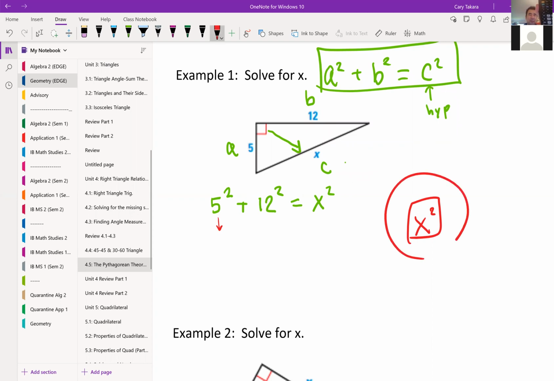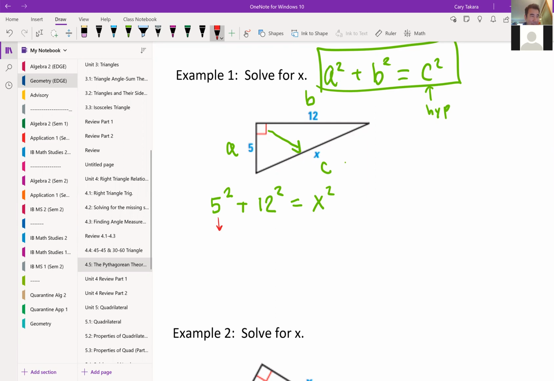So it should say something like this. I will type 5 and then the square button, and I get 5 squared, press enter, which is 25, okay? It's not 10.